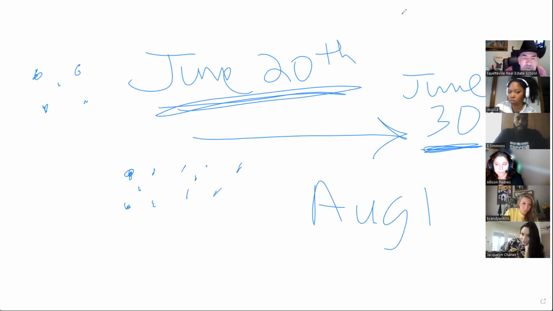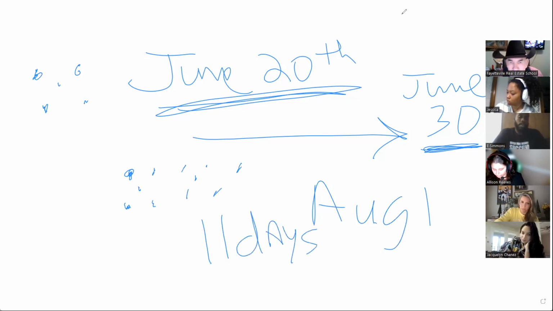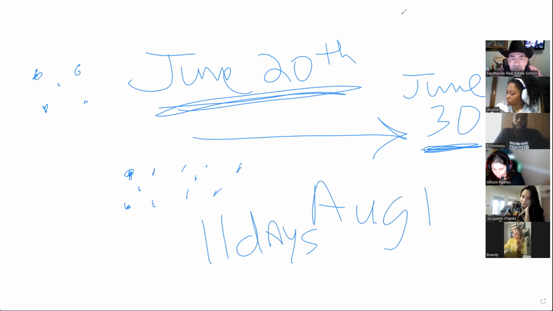So that shows me that is actually 11 days of interim interest that we're going to have to account for. So that is the first thing you do in computing interim interest: count how many days.